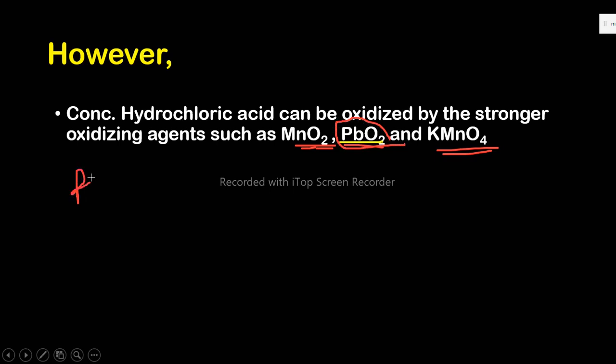So for PbO2, this oxide is a solid. You can write it reacts with conc HCl. Maybe we can put aqueous here because it can't be 100% HCl.